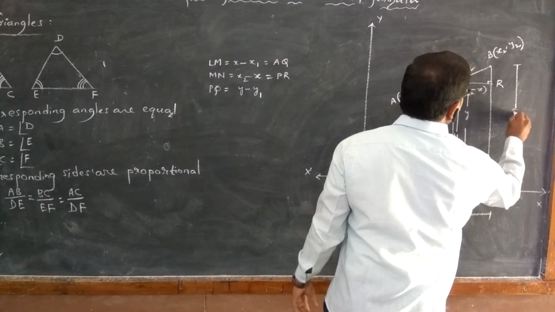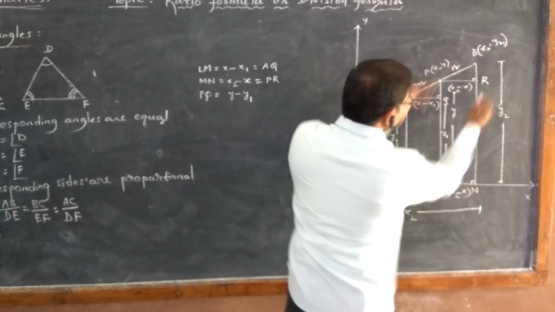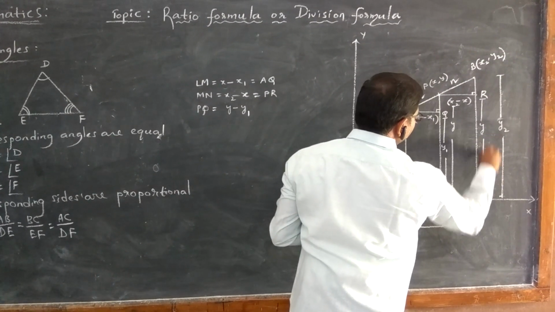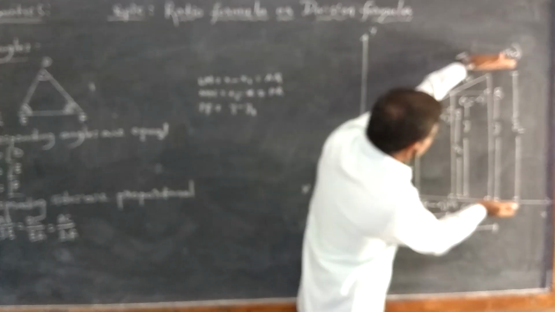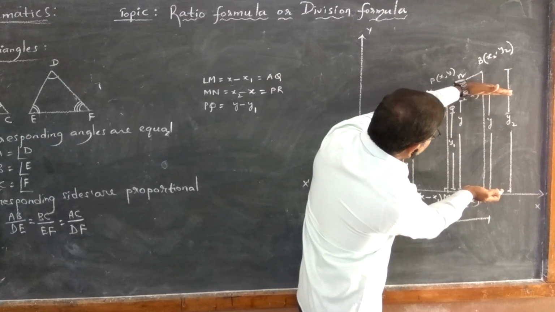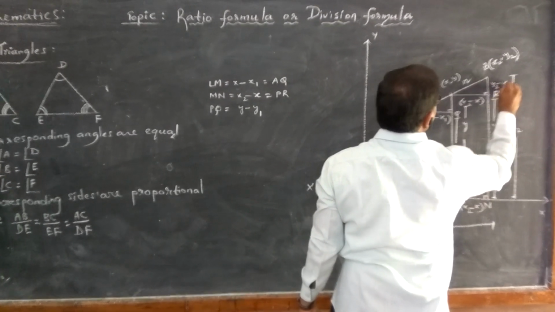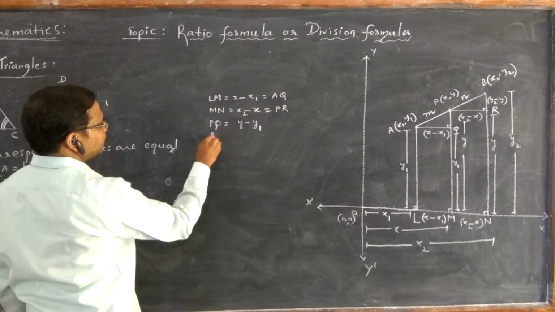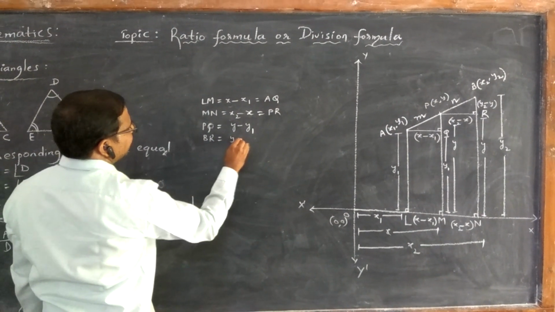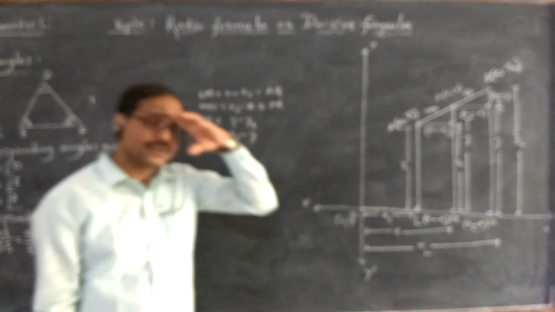This is nothing but y2. And if this is y and this is also y, right? Opposite sides for the rectangle. Total y2 and this is y, then this will be y2 minus y. So BR will be y2 minus y. Is that clear from the figure?